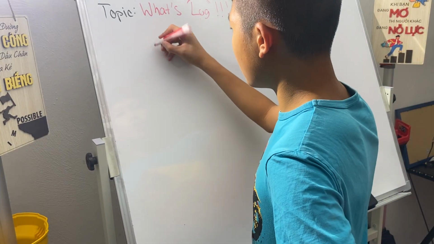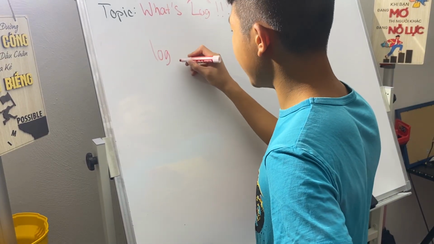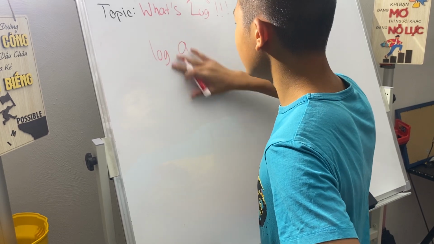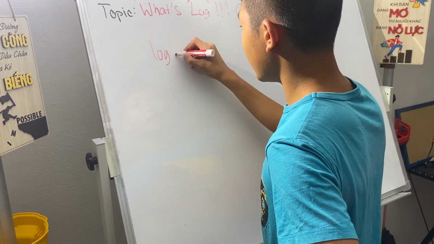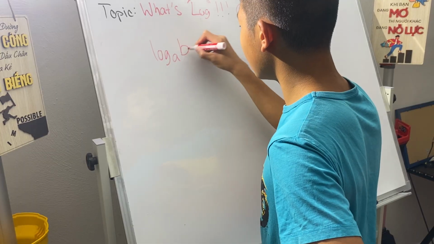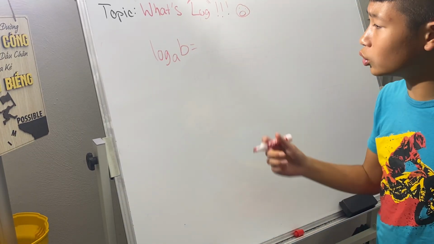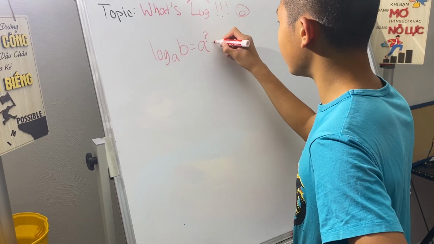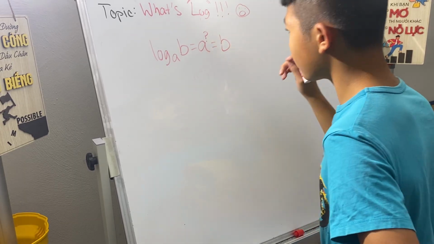Standard form will be log base b of a. Well, let's do a of b, sure. Log base a of b equals a to the what power equals b.